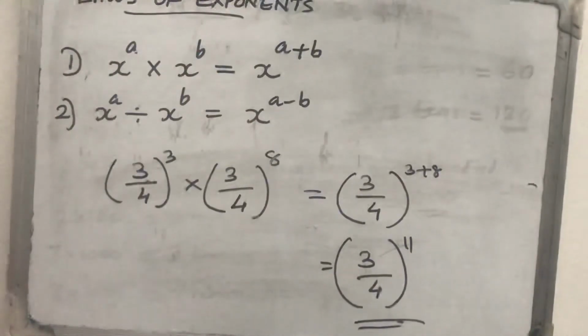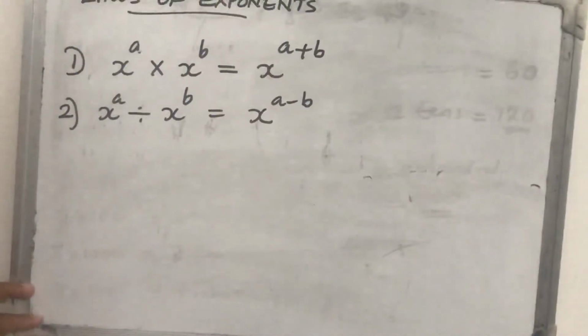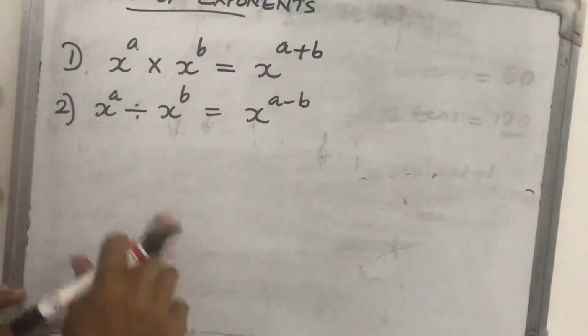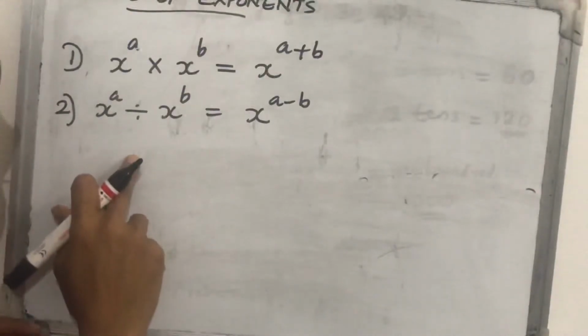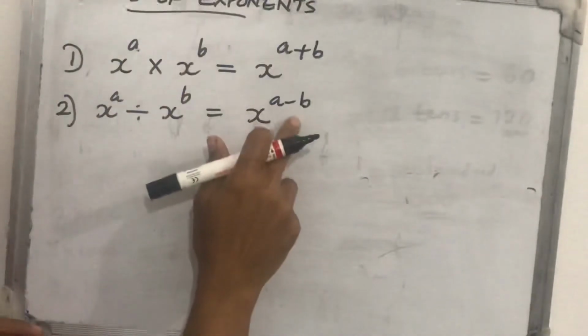Now the second law: x raised to a divided by x raised to b will be equal to x raised to a minus b. Okay. Here also the bases are the same, x, and the powers are different. But here it is division. Okay, so when we divide, the powers will be subtracted.